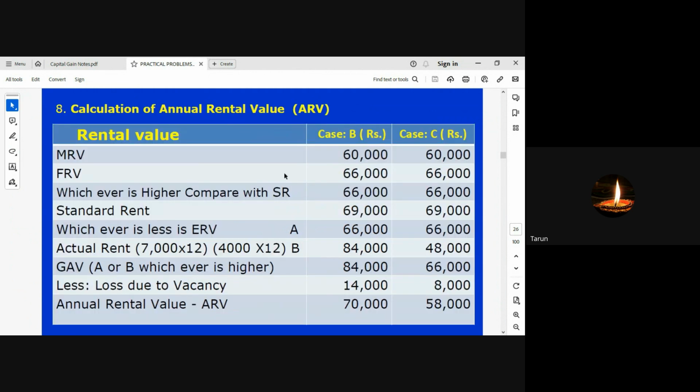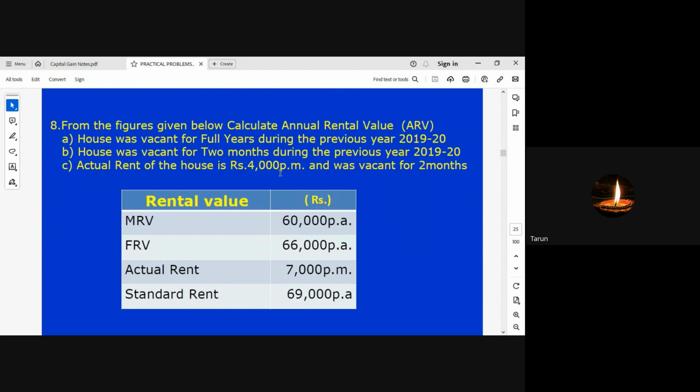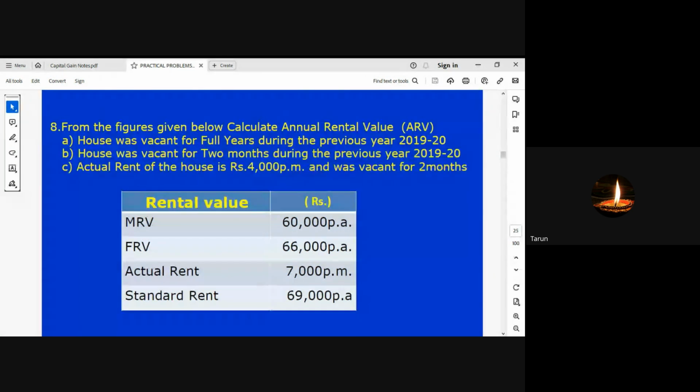So let's begin the calculation of annual rental value, in other words, gross annual value. These are the particulars in case B and case C, the figures shown on the present slide: municipal rental value is 60,000 per annum, fair rental value is 66,000 per annum, actual rent is 7,000 per month, and standard rent is 69,000 per annum.